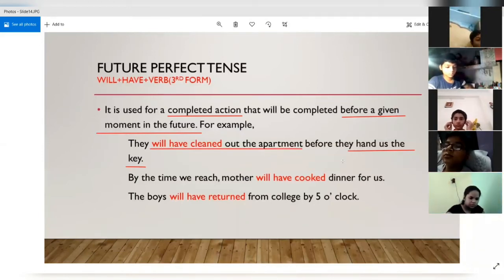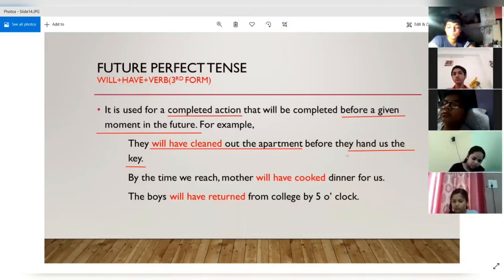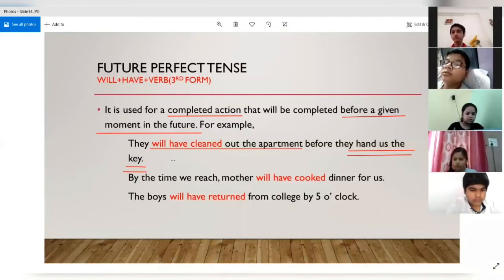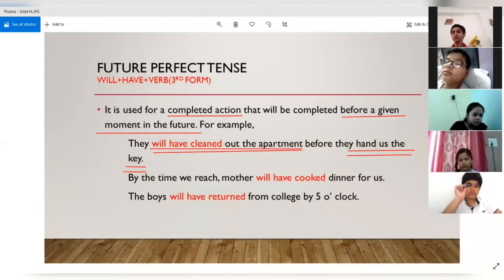So at a future moment, one action has already been completed. This is the use of the future perfect tense. And that future moment is before they hand us the key in future. So this is that future moment. And what is the activity? Which activity has been completed? Will have cleaned out the apartment.